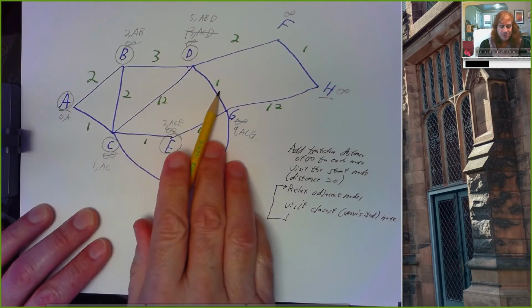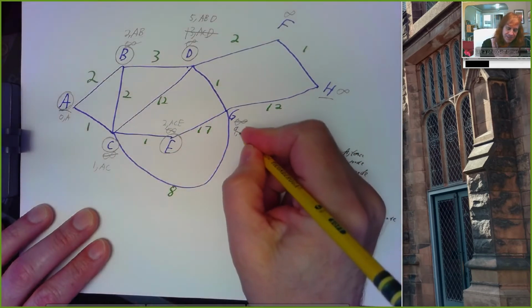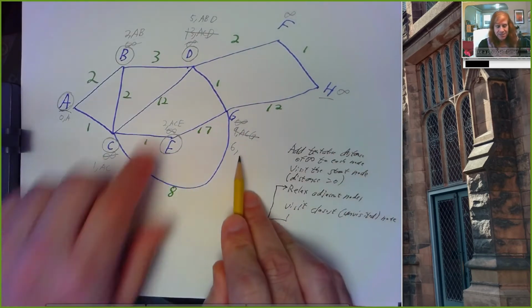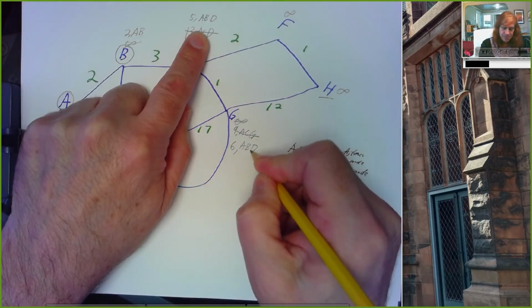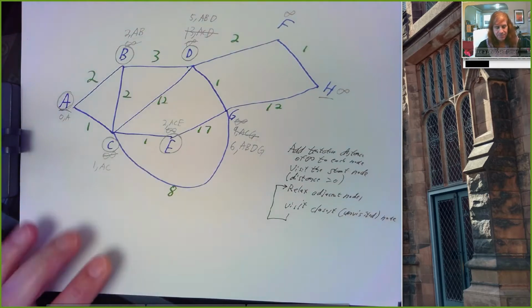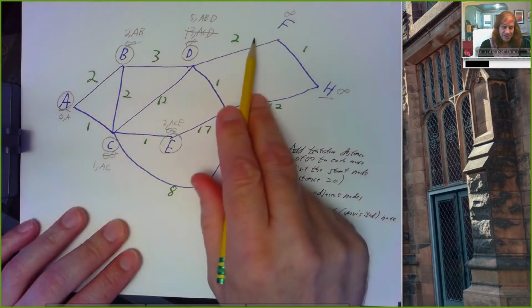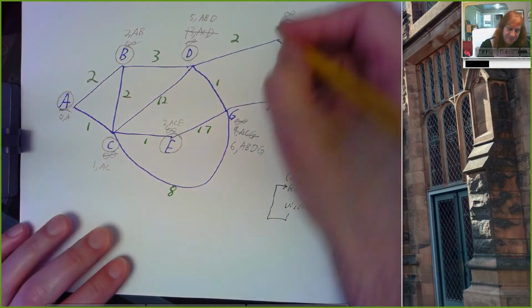Alright, 5 plus 1 is 6, that's better than 9. So replace this with a 6, and the path will be ABD, followed by G. 5 plus 2 is 7, that's better than infinity.